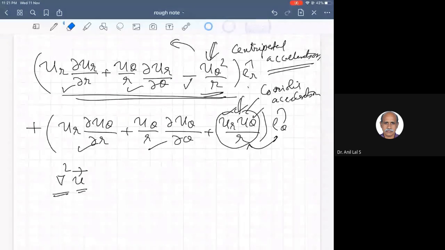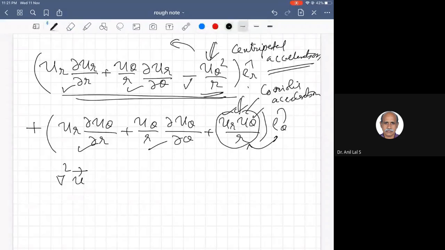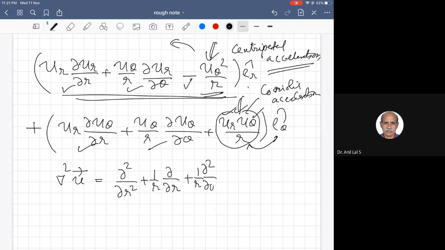You can see that the Laplacian operator for the polar coordinate system is dou squared by dou r squared plus 1 by r dou by dou r plus 1 by r squared dou squared by dou theta squared. This is the expansion for del squared operating on ur er plus u theta e theta.